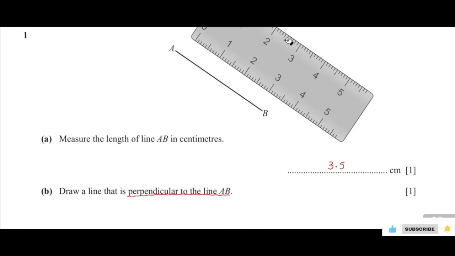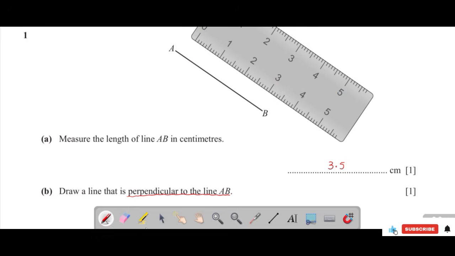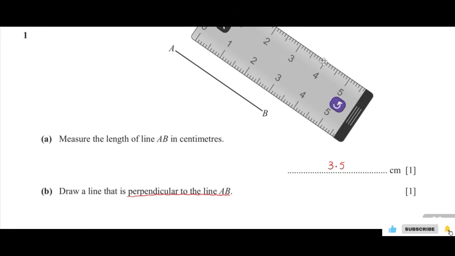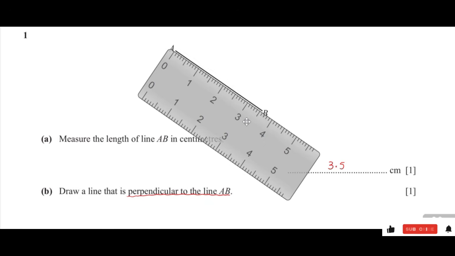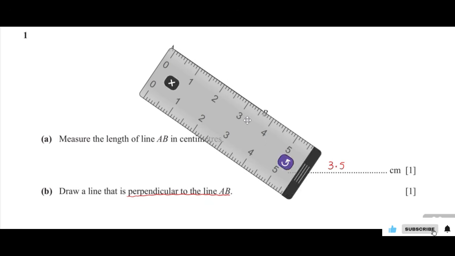Okay, again we need a ruler. Place it over here. Since the length of the line AB is 3.5 centimeters, you guys can see, right? So what would be the midpoint for this line? Half of 3.5 would be 1.75.